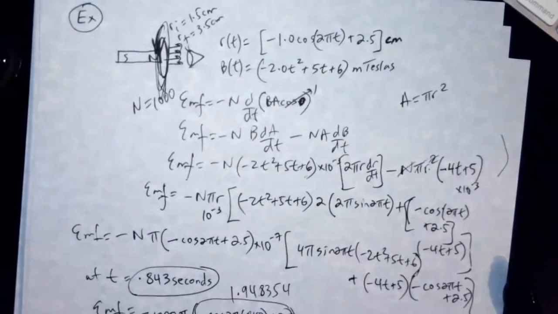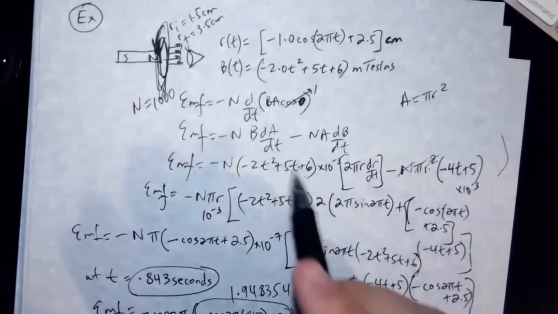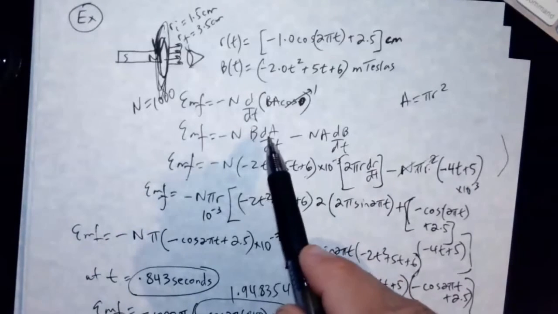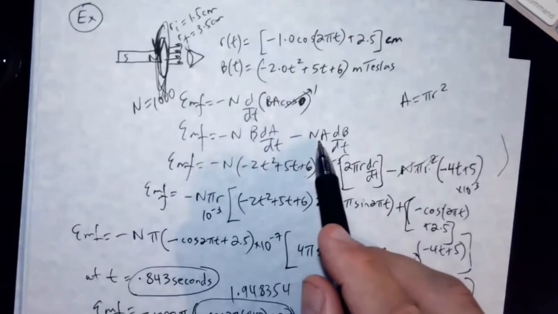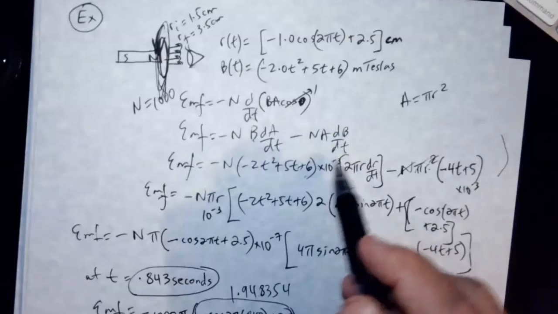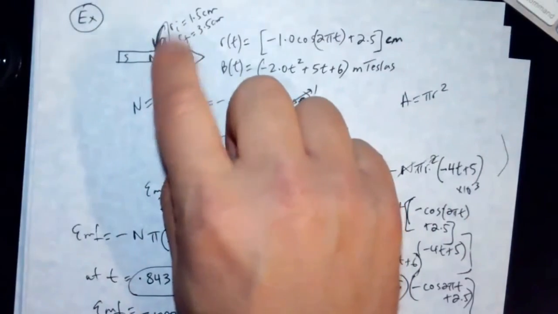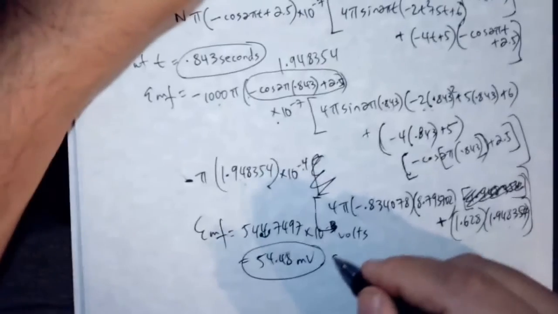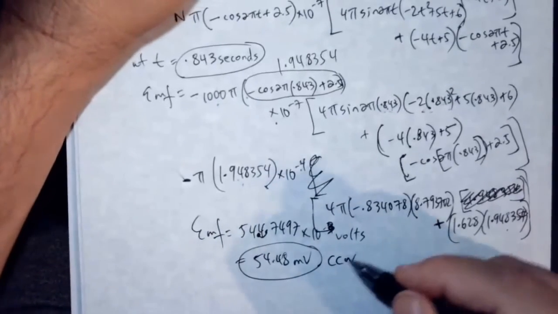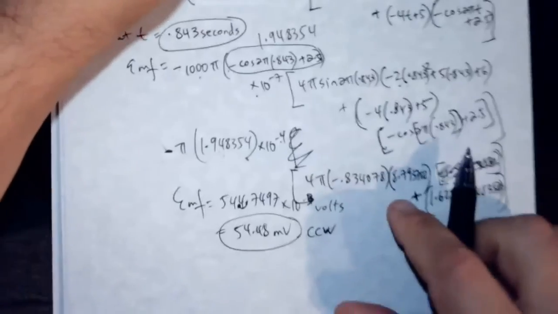So the combination of whatever happened based on what the B was, what the rate of change of the area was, and what the A was and what the rate of change of the B was. If you keep track of all the signs, they will take care of all that. And then at the end, when you get positive, it will mean it's counterclockwise, like this. So we would say CCW, counterclockwise. Any questions on that?